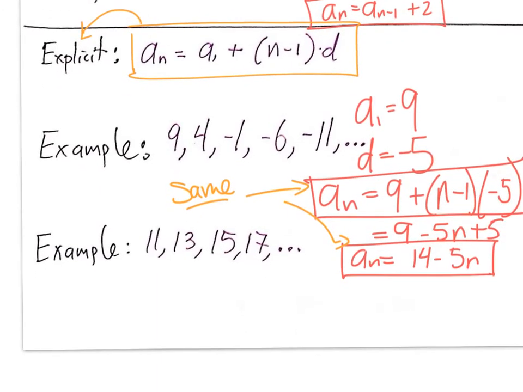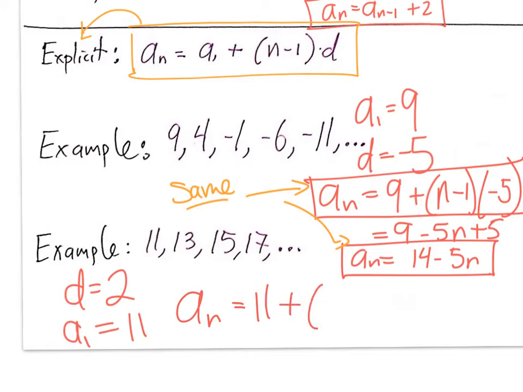Let's see. We have this, 11, 13, 15, 17. So we have already established that the common difference between them is 2. Our first term, so a sub 1, is 11. And so again, using this formula, we can say that the value of any term is equal to the first term plus n minus 1 times the common difference, which is 2.